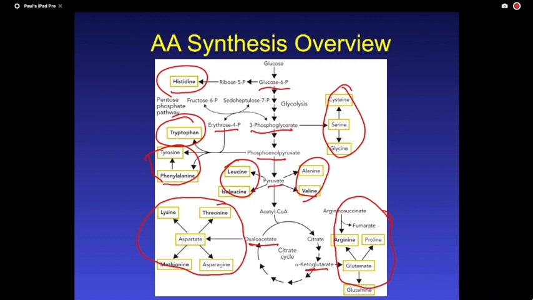So we can go either direction. 3-phosphoglycerate, what pathway? Glycolysis or gluconeogenesis. Erythrose 4-phosphate, what pathway? Pentose phosphate pathway. Pyruvate, that one's glycolysis, right? Gluconeogenesis also. Then oxaloacetate from the citric acid cycle, alpha-ketoglutarate from the citric acid cycle.